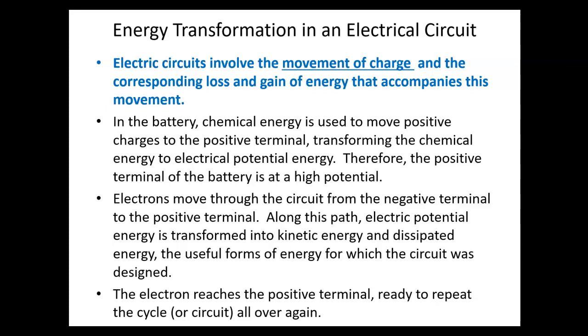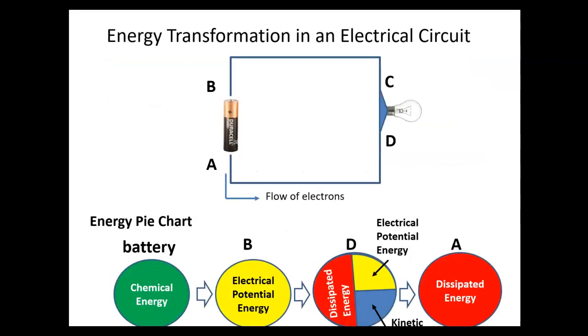For example, in a light bulb, the filament becomes very hot and also bright, and so some of the energy is used to cause that heat and light, and we call that dissipated energy. And then when electrons reach the other terminal of the battery, they are ready to begin that cycle all over again.